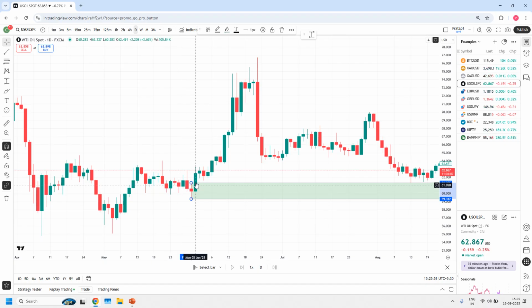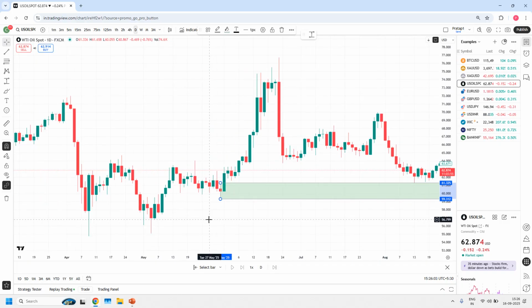But does it have any zone achievement? No, it doesn't have any zone achievement. Oh, yes, it got a zone achievement. See here, you have 3 base candles and a drop candle.